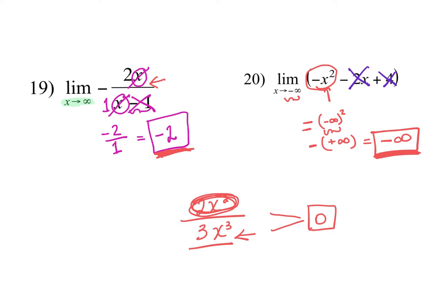Either you have an infinity that cancels out with the same exact thing on top, and you just have your numbers. You have an infinity that just doesn't cancel with anything, and so you just have to decide if it's moving to positive or negative infinity. Or you have an infinity on the bottom that is bigger than anything else, and those always move to 0. Those are your only three options for infinite limits.